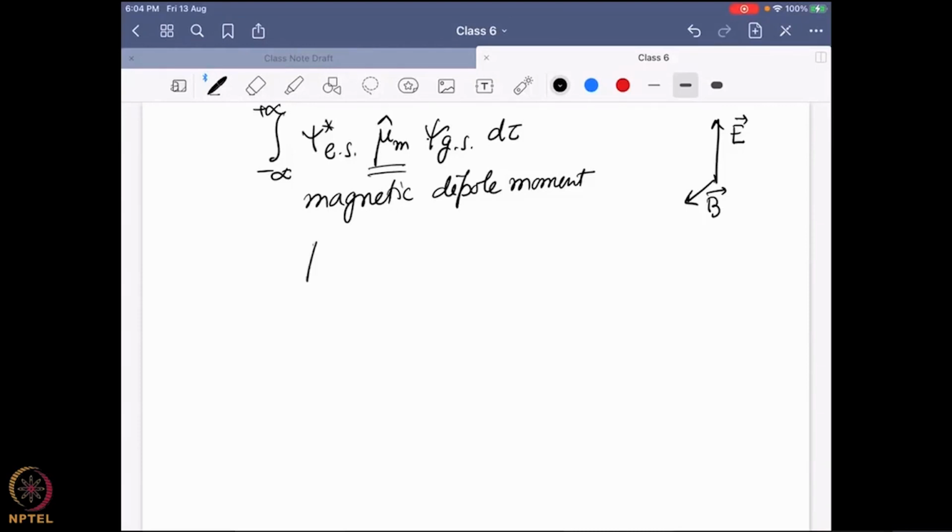Now if I want to find out how this magnetic dipole moment is going to behave, it is proportional to two different factors. One is the R, which is the same as the directionality factor of the electrical dipole moment, and then cross P. P is the momentum.